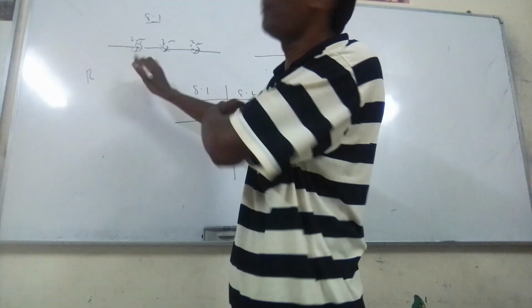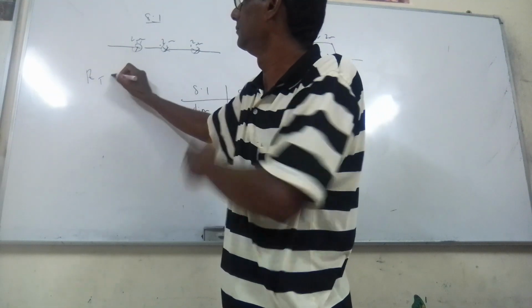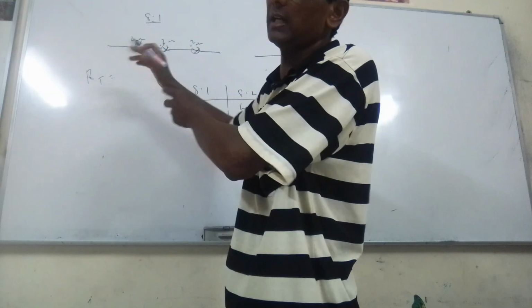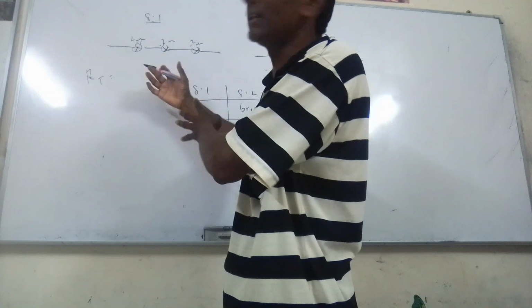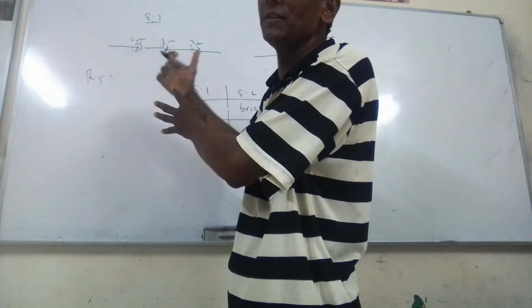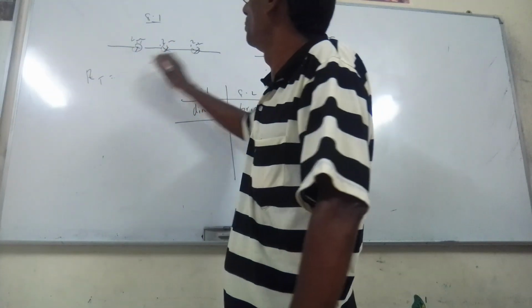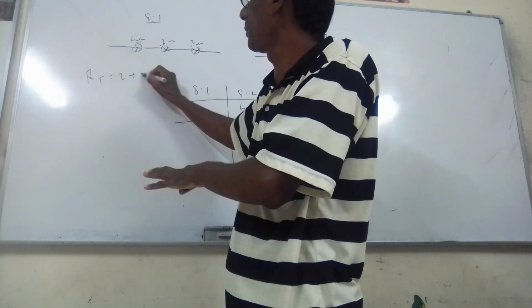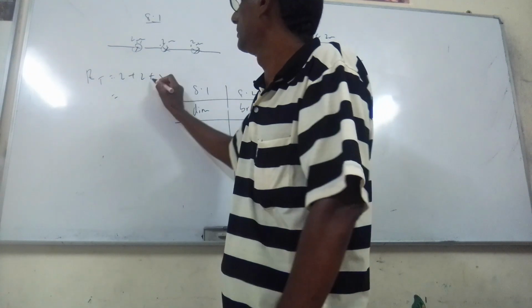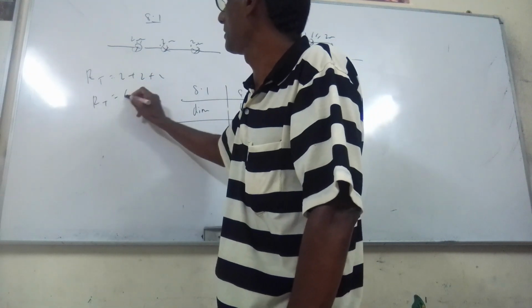Series means we add the resistances consecutively, so 2 plus 2 plus 2, RT equals 6 ohm.